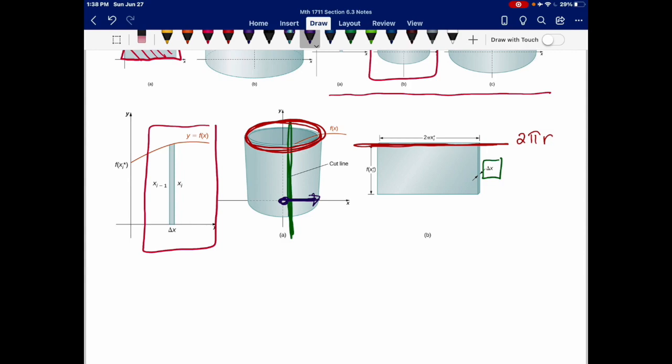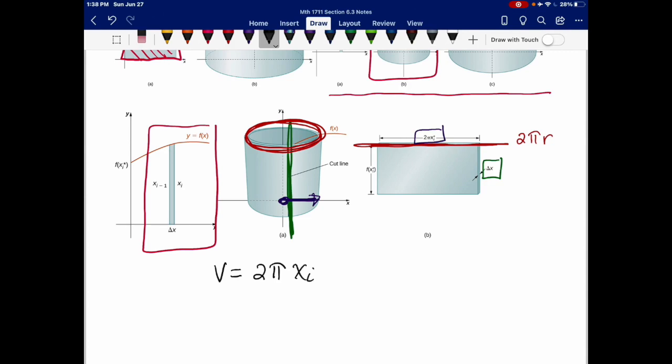Now, the radius of this circle, if we come out from the x-axis, the radius of that circle is going to be the value of x. So that's why the length of this rectangular prism is 2 pi and then x sub i, because that represents the value of x at that endpoint.